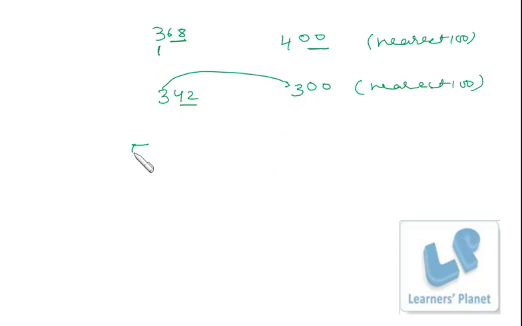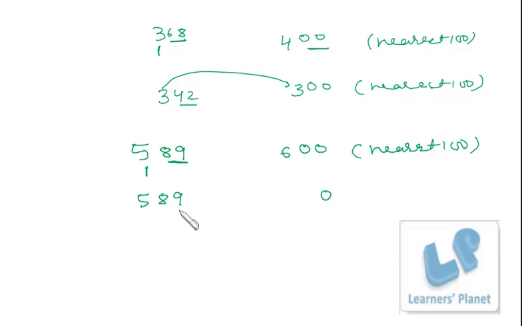Suppose 589, right? First of all you put 2 zeros. 89 is more than 50, so you add 1 over here. So 5 and 1, 6, right? That is nearest 100. I do nearest 10 also, the same number. So I put 0.